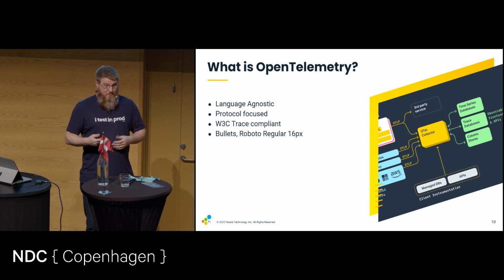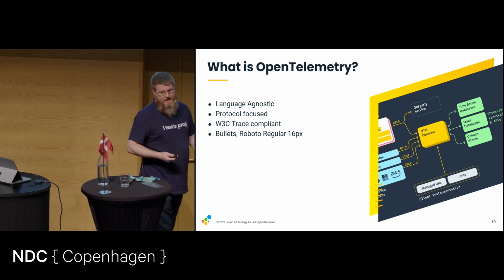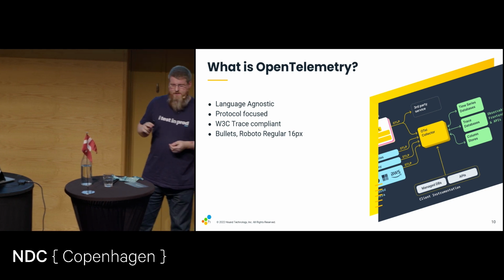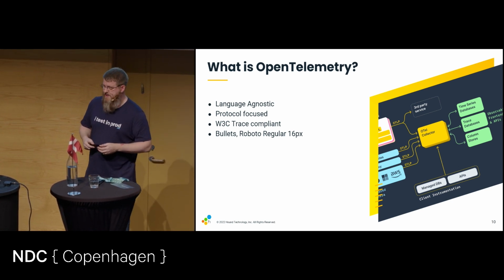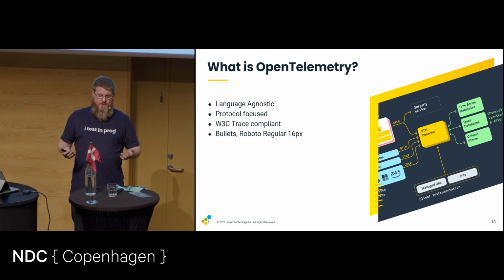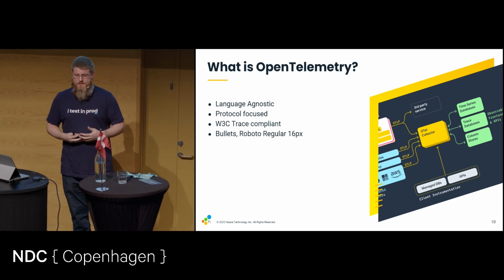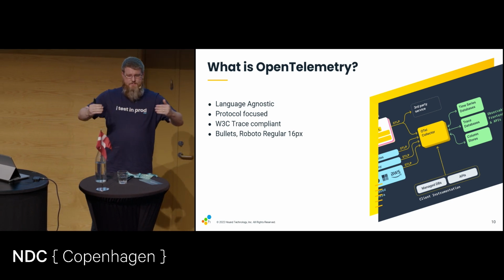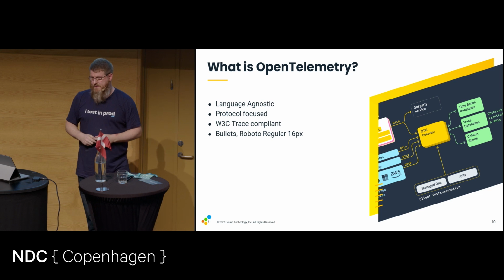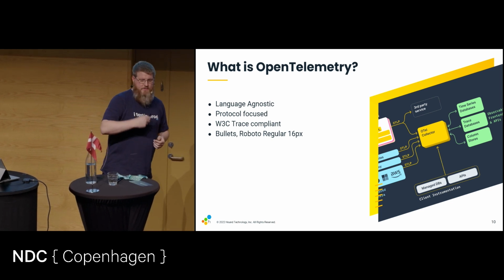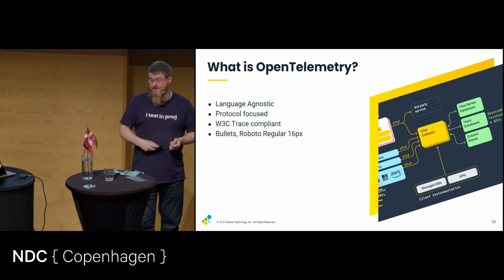Speaking of libraries, what is OpenTelemetry? So OpenTelemetry is the #2 project on the CNCF projects. It's a language agnostic, protocol first idea of how do we look at different systems that are in different languages and provide that distributed tracing over all of these different things. It's built on top of the W3C's trace standards.